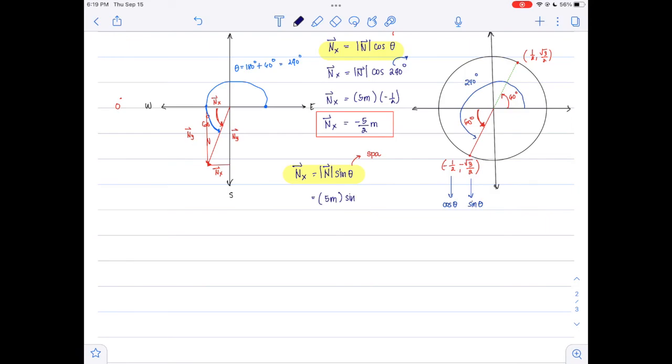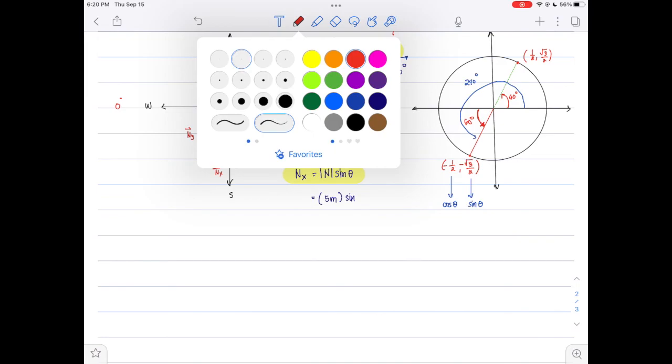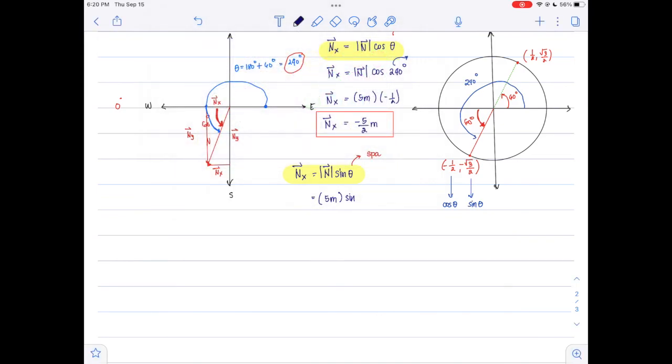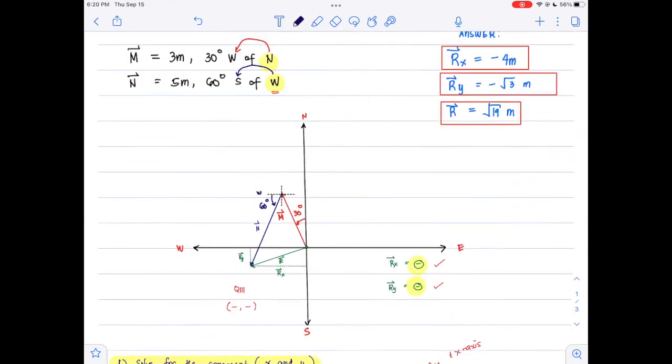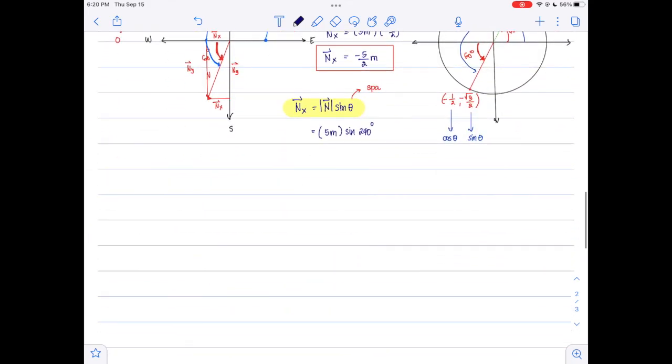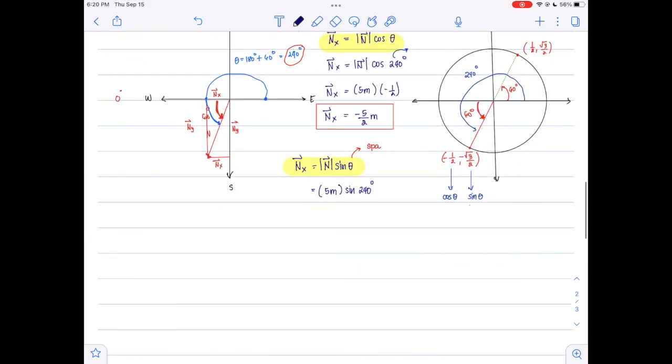No. Because that 60 degrees you see in your original vector, this portion here, is not SPA. The SPA is this one, because it is measured from the positive x-axis. So you write sine of 240 degrees there. Okay, so it's sine. So take note, only the second component. So you just copy that.